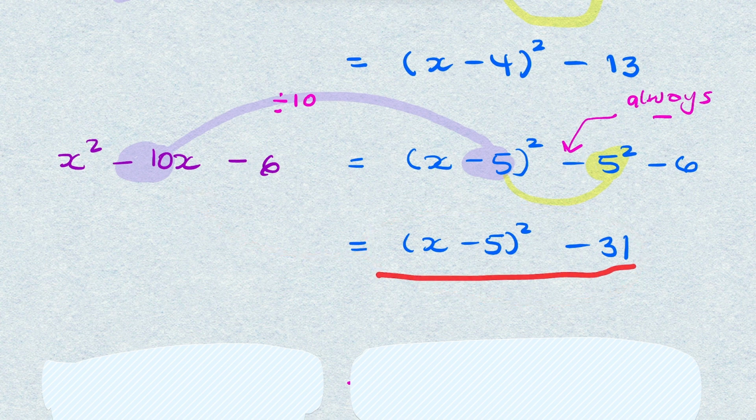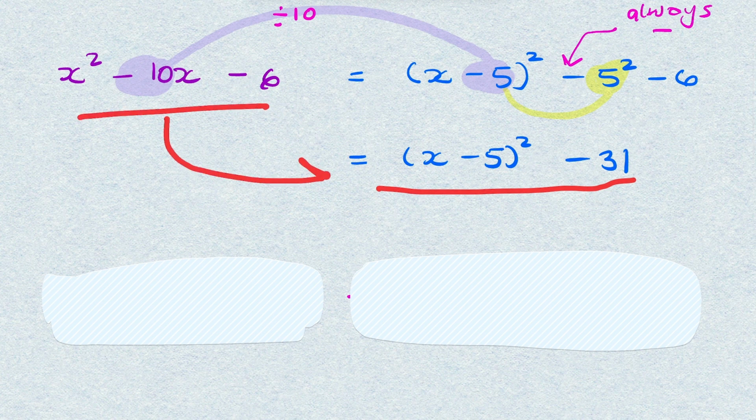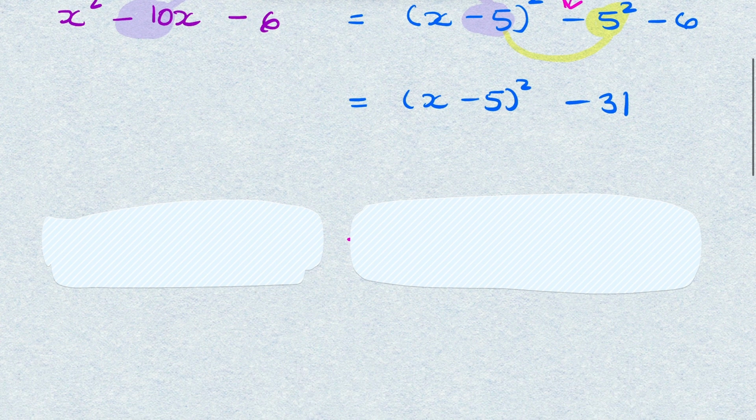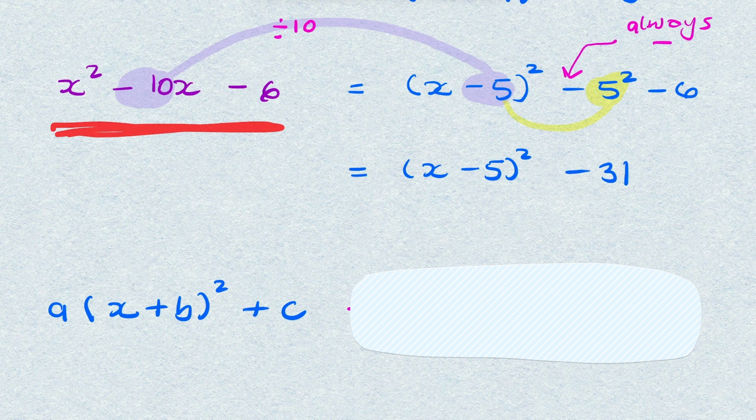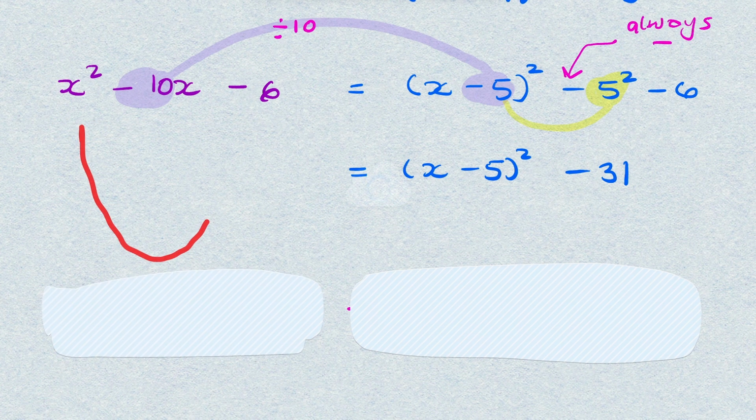Now, the advantage of writing my quadratic in this form, or one of the advantages, is that once it's in this form, for these examples, a was equal to 1. But once we have these two numbers here, that allows me to find the location of the turning point, or the vertex, because remember, each of these is a quadratic, in these cases at least, that opens upwards.